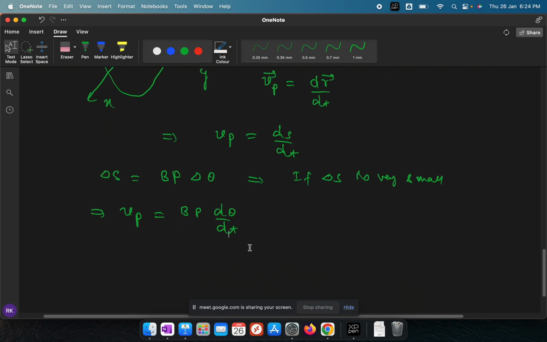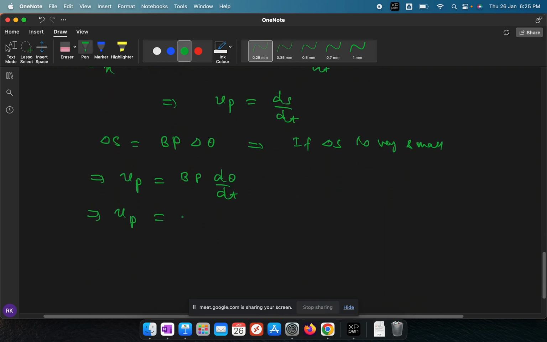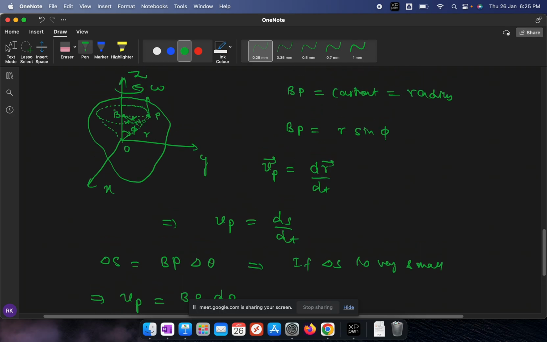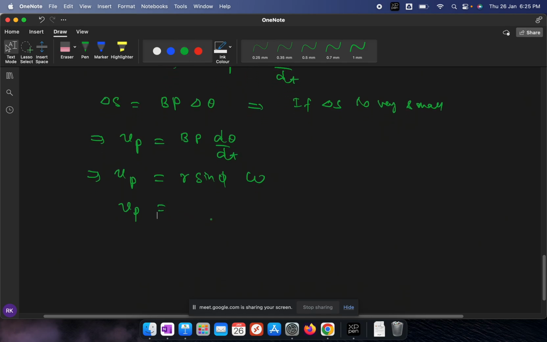In place of BP, we can write R sine phi. And d theta by dt is the rate of change of this angle, which we call omega. So Vp can be written as omega r sine phi, right?